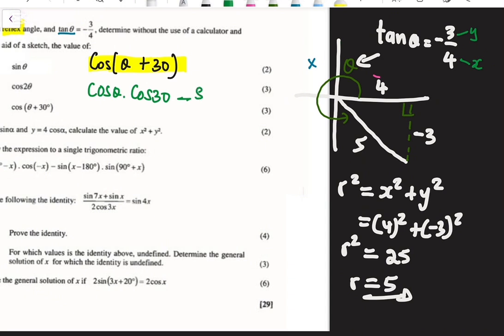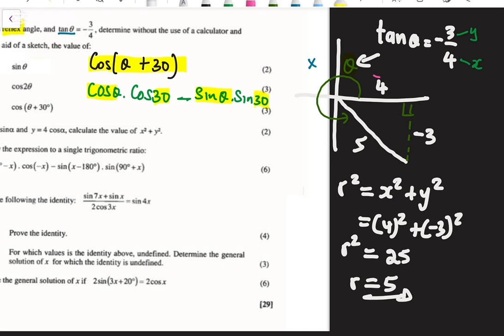And then we have sine theta multiplied by sine 30. Now, we can find cos theta from the diagram. We can find sine theta from the diagram. We do have angle theta there. Now, 30 and 30 are special angles.